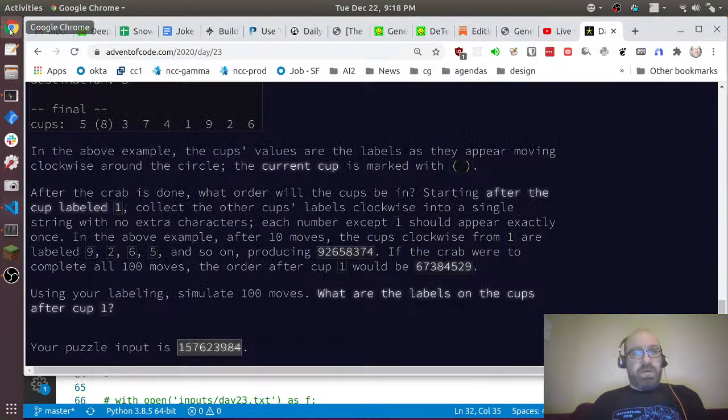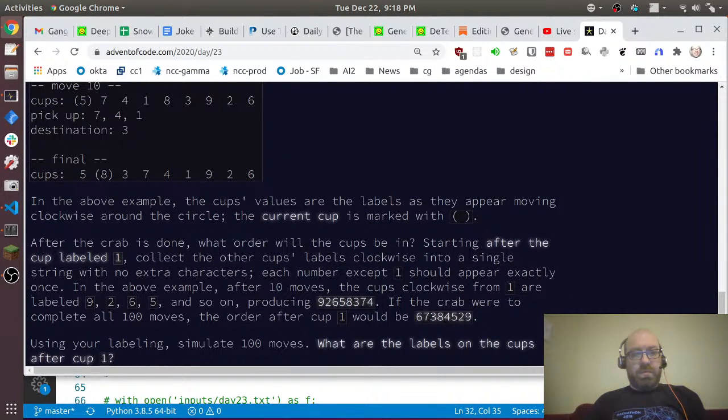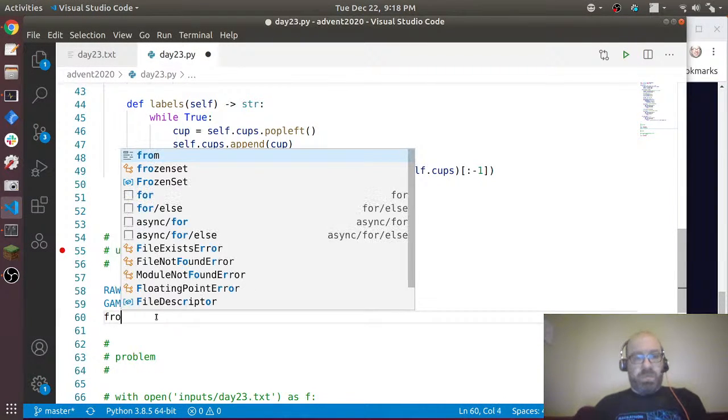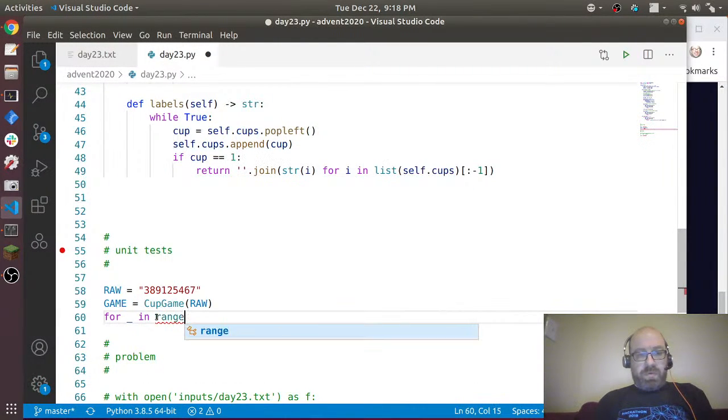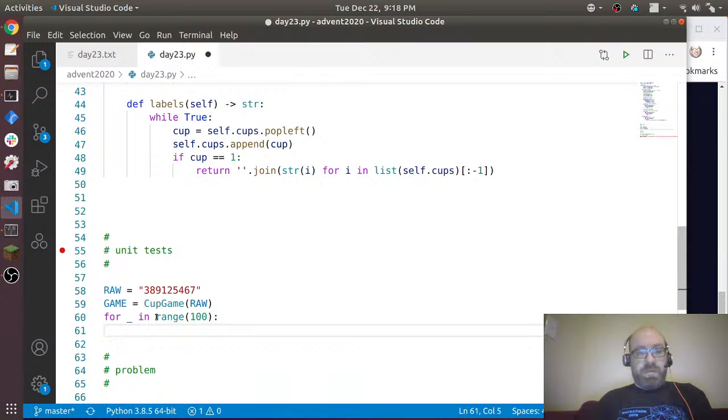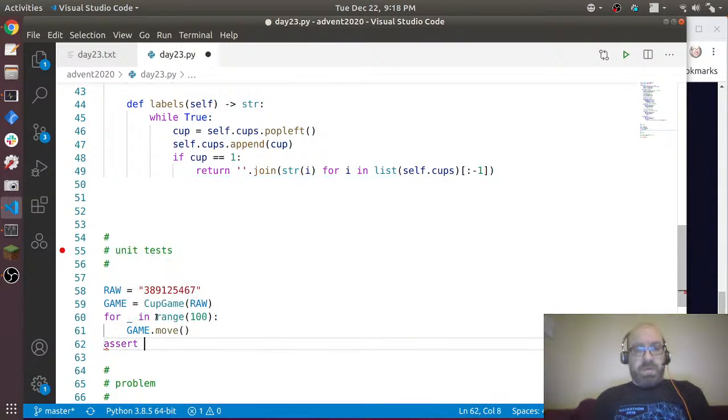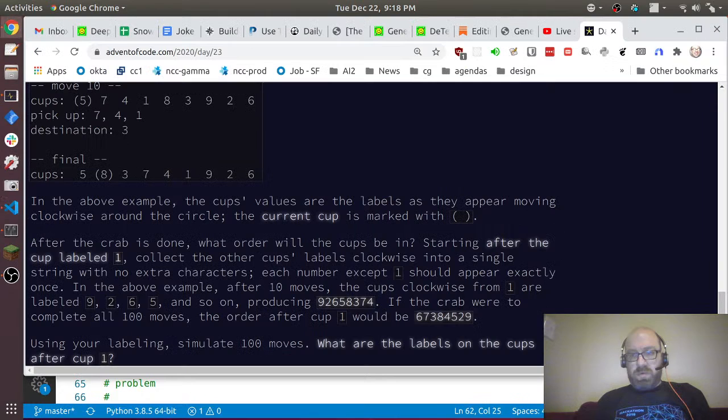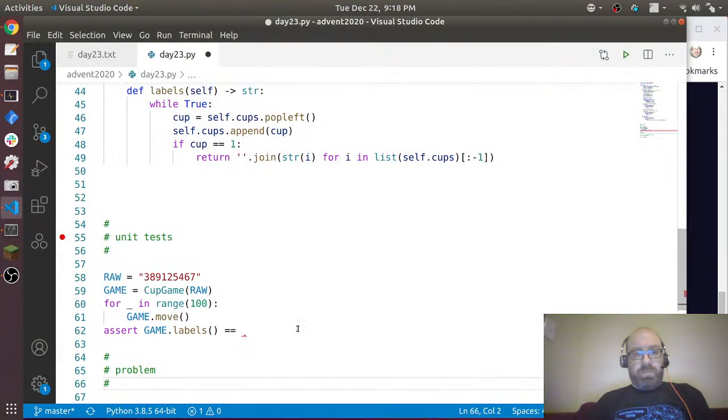And now what does it say? 100 moves. Okay, so for blank in range 100, game.move and then assert game.labels equals this thing.